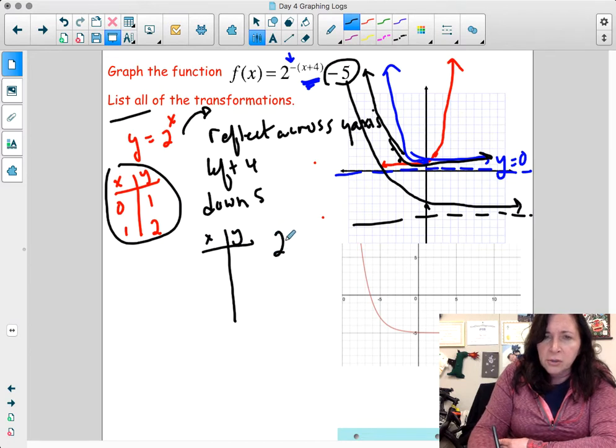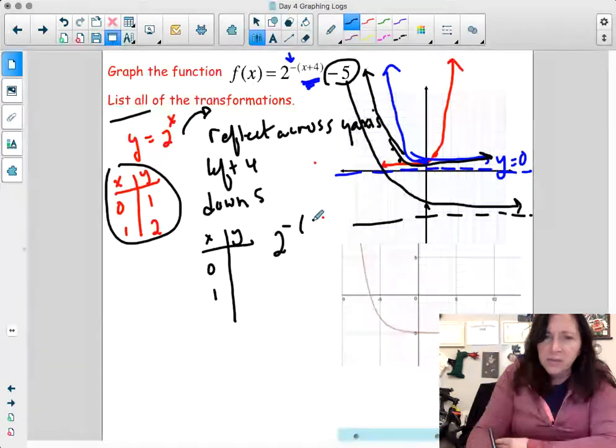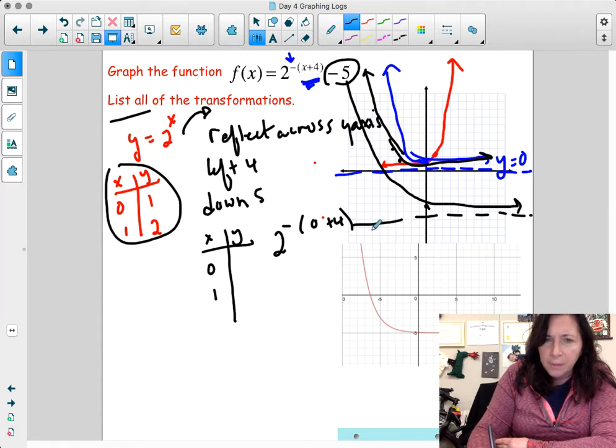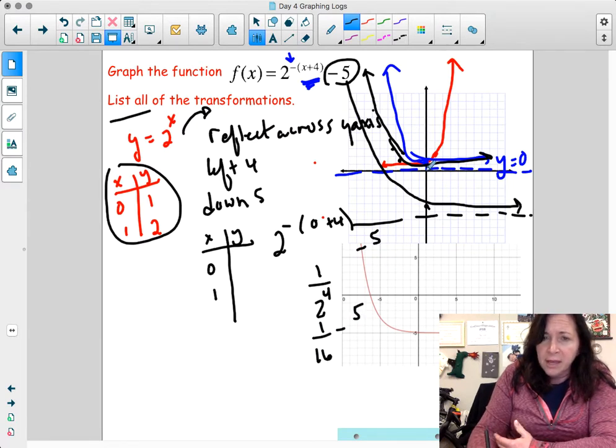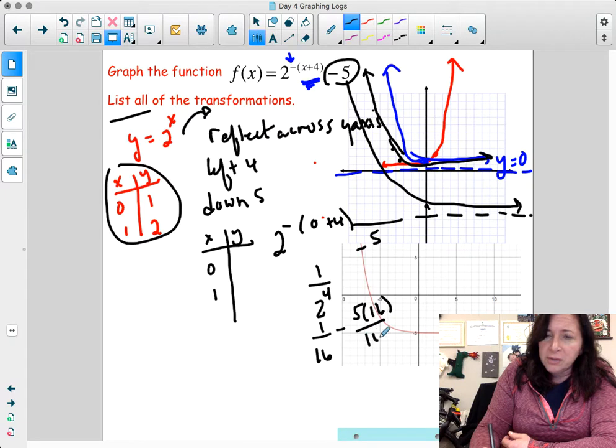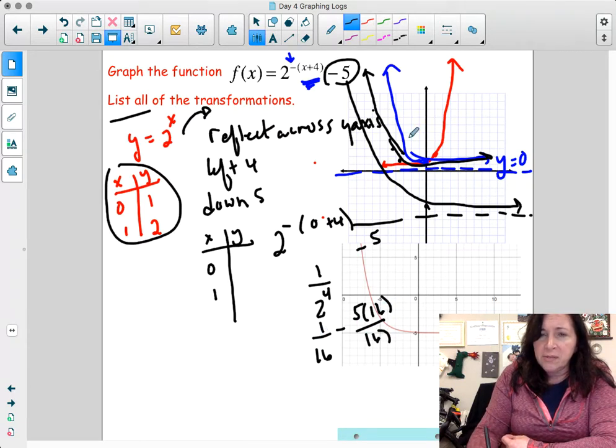I would go 2 to the negative parenthesis, and this is 0 and 1. 2 to the negative parenthesis, 0 plus 4, and then subtract 5. So 2 to the negative 4 power. Well, that's 1 over 2 to the 4th power, which is 1 over 16. Minus 5 is going to give me 1/16 minus 5. I'd have to multiply by 16 over 16, get 5 times 16, 1 minus that, and that's going to give me a point down here.